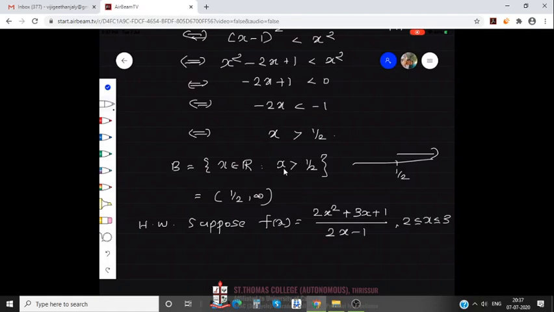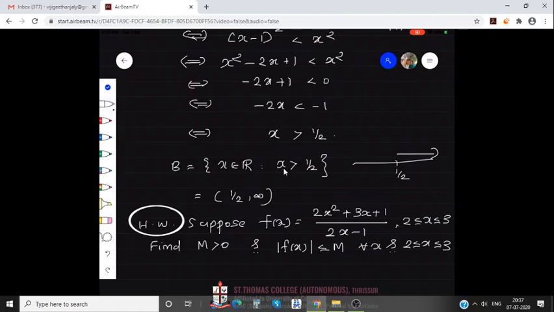X lies between 2 and 3. Find a constant m greater than 0 such that absolute value of f of x is less than or equal to m for all x such that 2 is less than or equal to x less than or equal to 3. So this is your homework. Find an upper bound for absolute value of f of x. There is a hint, that is triangle inequality. Use triangle inequality.